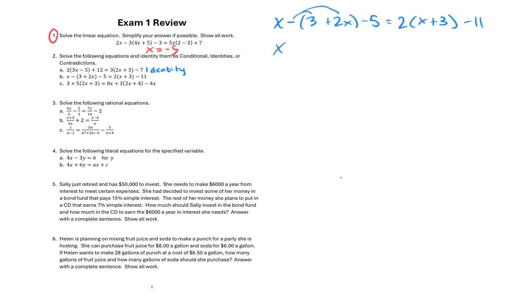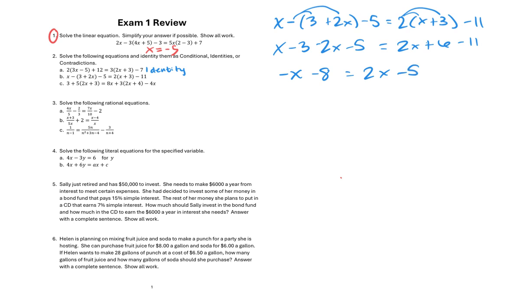So we have x minus 3 minus 2x minus 5 is equal to 2x, again distributing this 2, 2x plus 6 minus 11. Okay, simplifying this down a little bit, we have an x and a negative 2x here, so that's going to simplify down to negative x. We have a negative 3 minus 5, which is going to be negative 8. And on this side, we still have our 2x, and then 6 minus 11 is going to be negative 5.